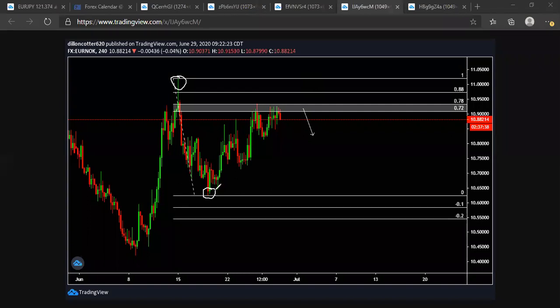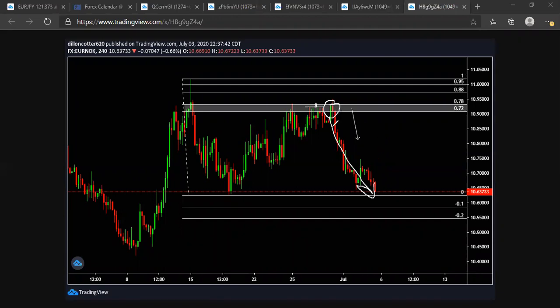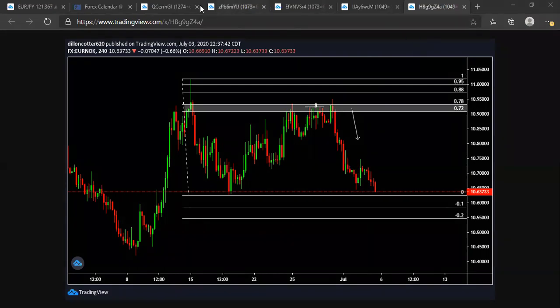As you see, price retraced back up beautifully into this area, and we got a beautiful rejection from this area for about 200 plus pips. I think this was like two or three days. So very, very useful tool that you can use just to gauge price.